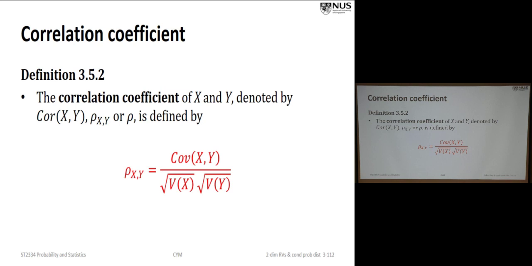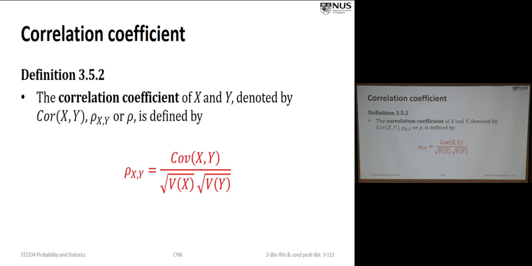We use the standard deviation of X and the standard deviation of Y. We divide by that, and we can show that after you divide, it's so nice that everything will be between -1 and 1. Remember, the covariance, in fact, goes from minus infinity up to infinity. And minus means that they go in opposite directions.